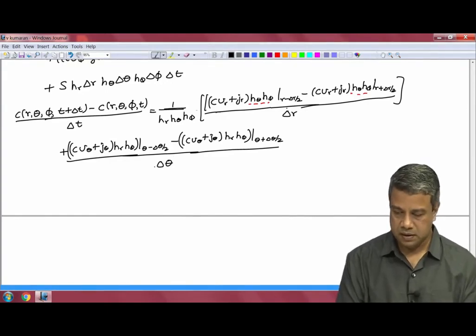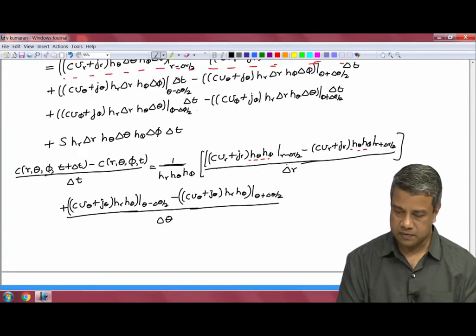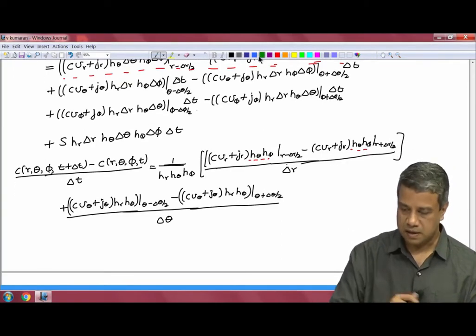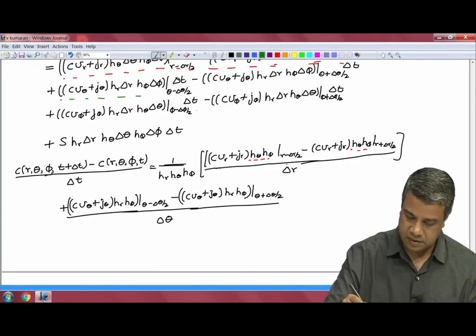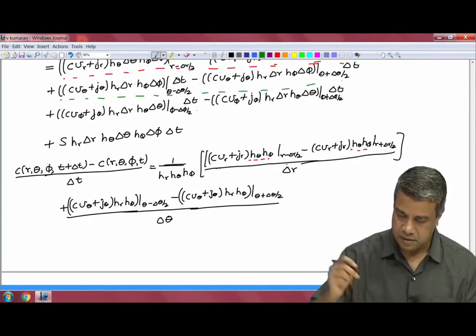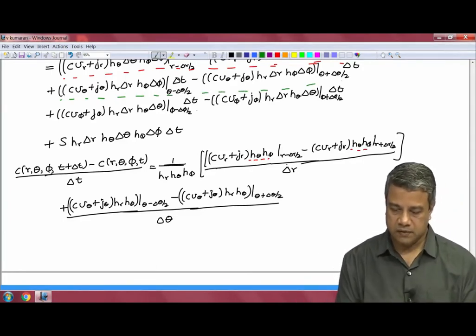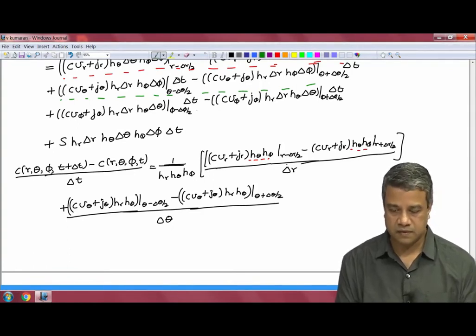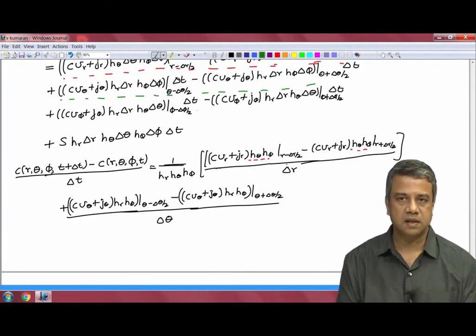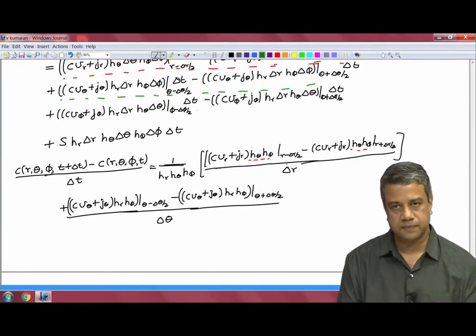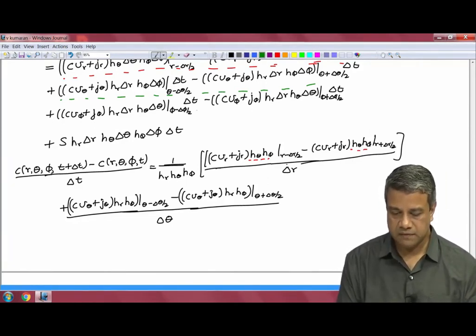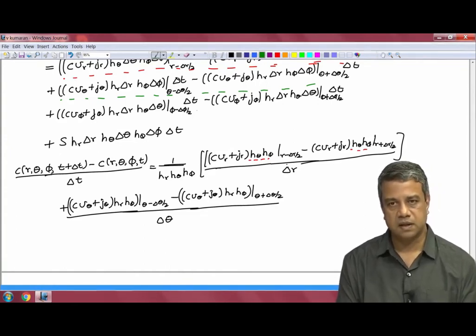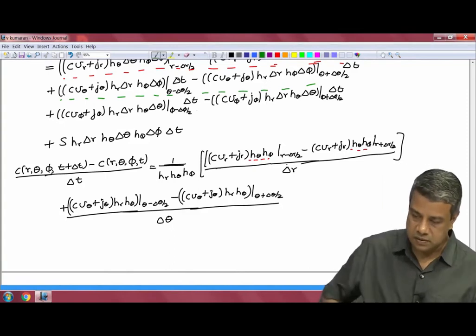This comes about from the second term here. I divide throughout by delta r, delta theta, delta phi. Delta r and delta phi will cancel out. There is still delta theta left behind in the denominator. And I have C V_theta plus J_theta times h_r h_phi, the difference between those two at the two different locations.